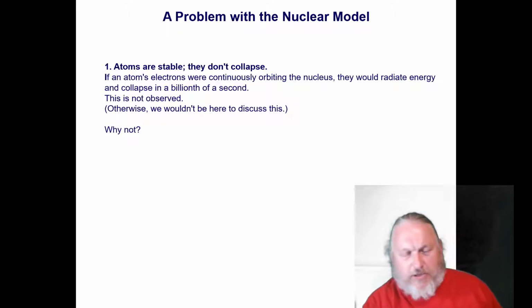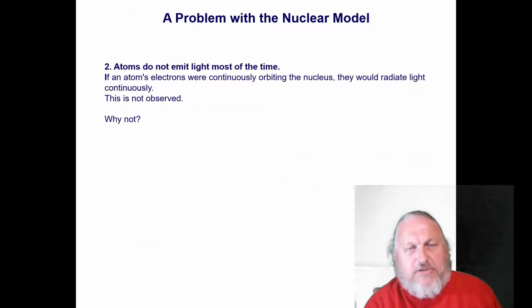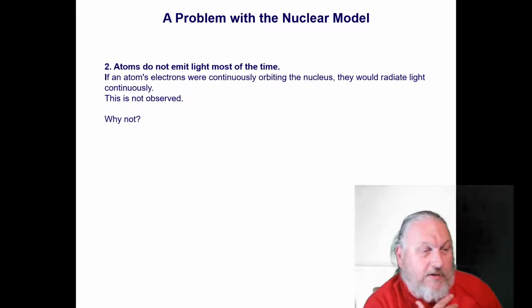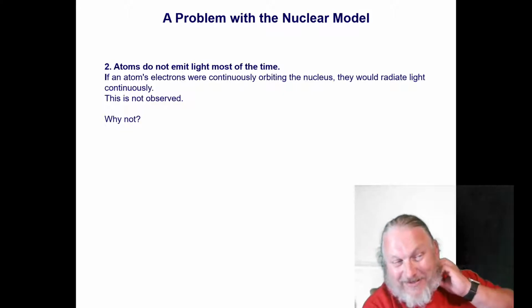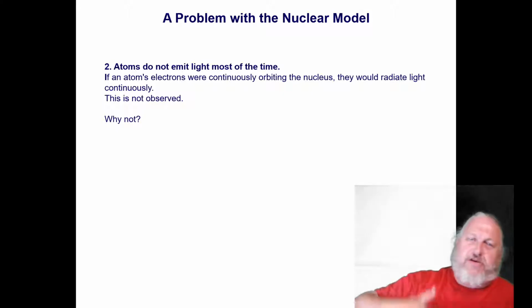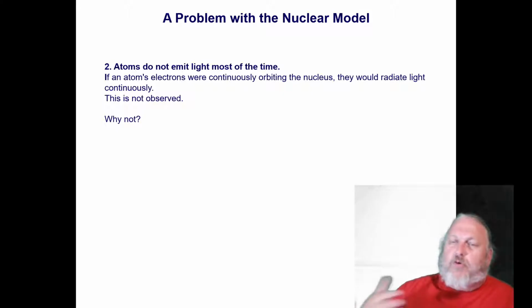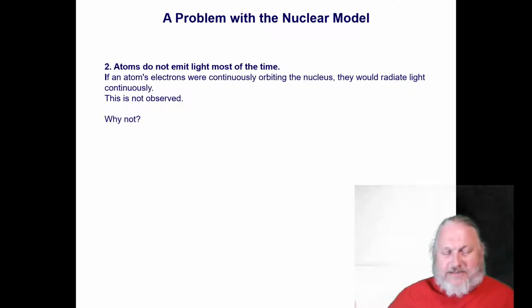So we're going to answer this question on why not. Atoms do not emit light most of the time. We don't glow. We have a need for night lights if we want to get up and go to the bathroom, right? So if an atom's electrons were continuously orbiting the nucleus, they would radiate light, but they don't. Why not?